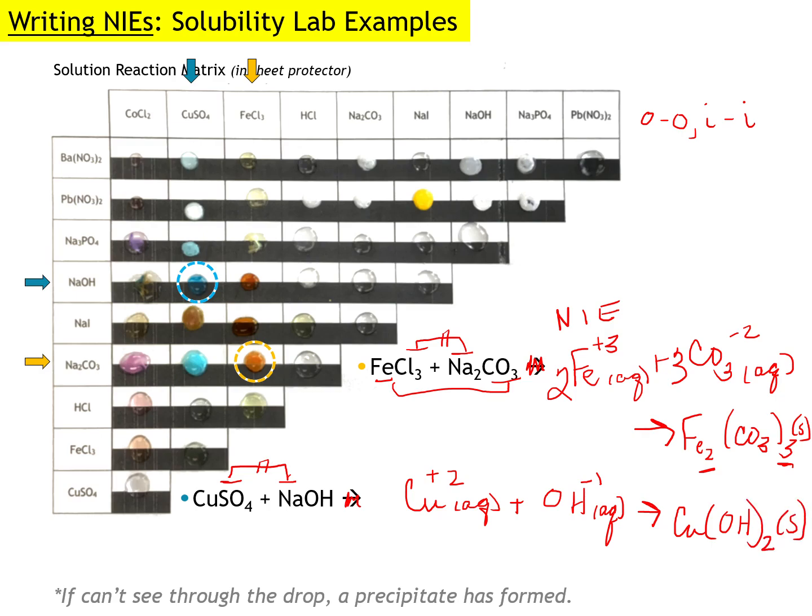That's the blue gel. So now we got to balance it. So we have one copper, two hydroxides. So we need a 2 in front of the hydroxide. And so that would be your balanced net ionic reaction equation for that one. And when you go to do the lab, there's about 20 reactions that you'll need to write net ionic reaction equations for.